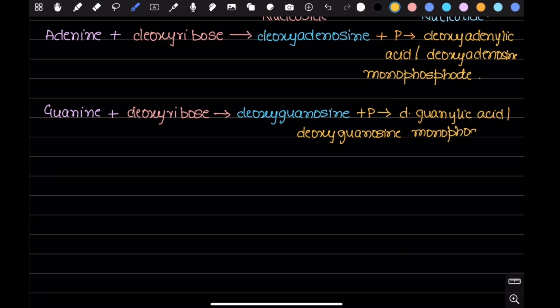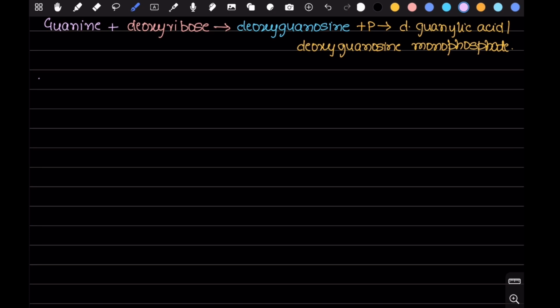The third nitrogenous base we have is thymine. If we have thymine as our nitrogenous base and the sugar is as it is, deoxyribose, it forms a nucleoside, deoxythymidine. What is it called?